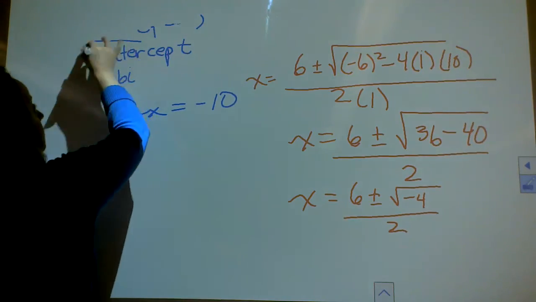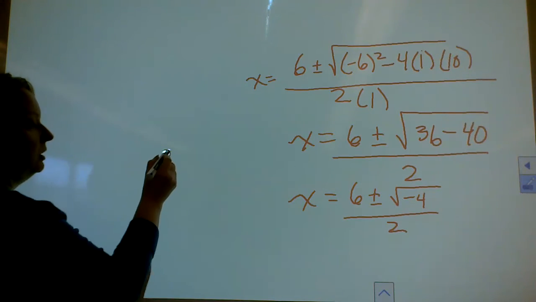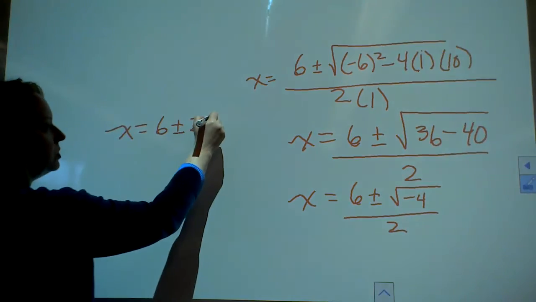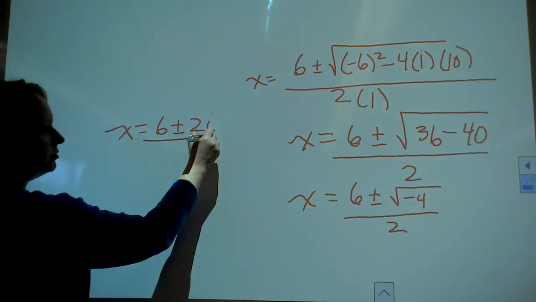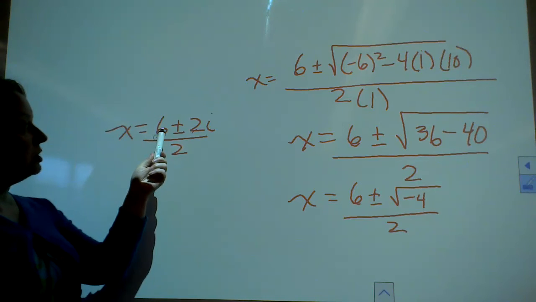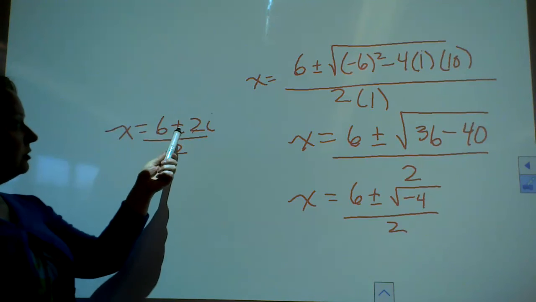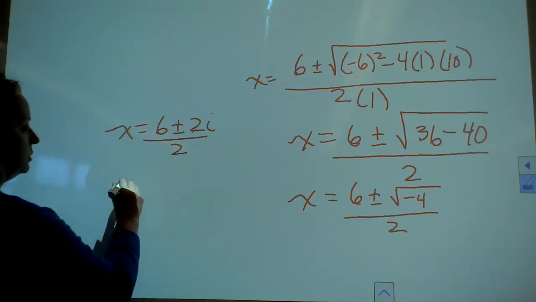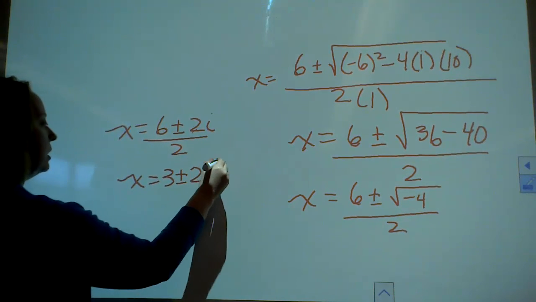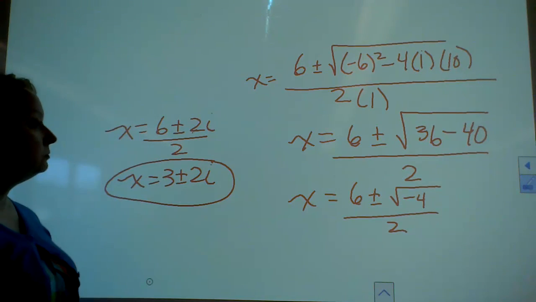So we're just going to simplify that down. We get x equals 6 plus or minus 2i, all over 2. Now we have to reduce all three of these. We're going to divide 6 by 2 and 2 by 2. So we get x equals 3 plus or minus i. And that'll be your complex roots.